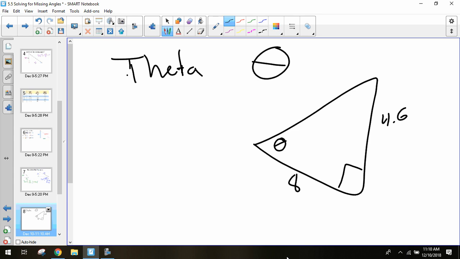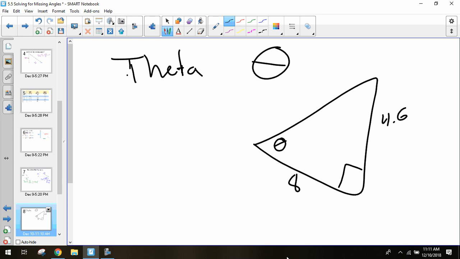But theta is just a variable, just like x or y. It's just a Greek letter, so it looks a little different. Don't let theta alarm you if it comes up. It's just representing which angle you need to solve for.